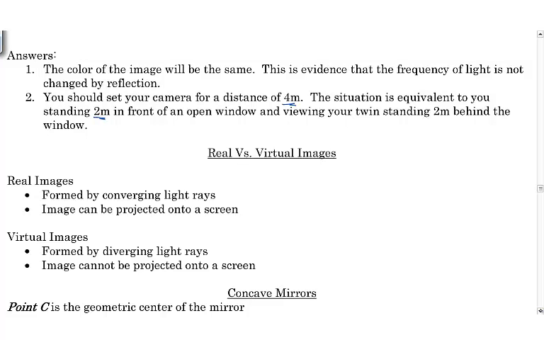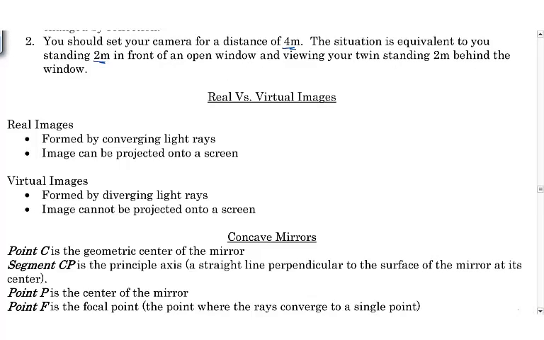There are two types of images in the mirrors and lenses that we'll talk about. You need to be able to identify which type of image is being formed in each scenario. Real images are formed by converging light rays, and that means that the light rays are coming together. So anytime you see the light rays coming together, you know that's going to be a real image.